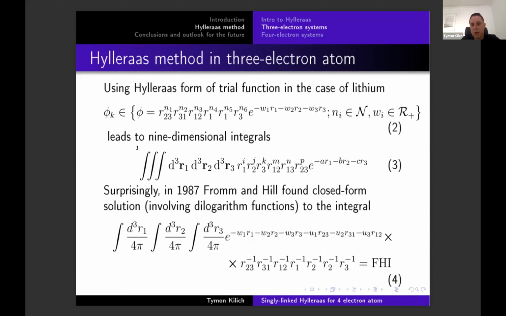So it leads to 9-dimensional integrals, which look more or less like that. And somewhat surprisingly, Fromm and Hill, some years ago, solved this type of integral, which is a kind of generalization because it has these factors in the exponential functions. And they found an analytic expression for this kind of integral.